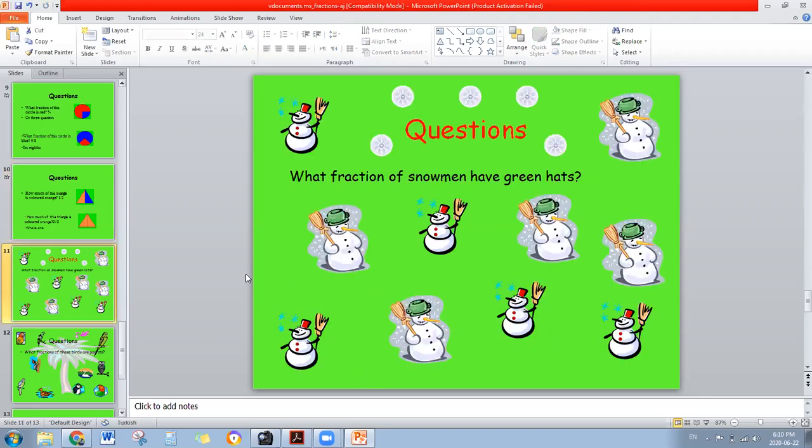Now you have two questions. You will do it by yourself. First one: what fraction of the snowmen have green hats? You have to count how many hats you have in the whole picture, 1, 2, 3, 4, and then count how many green hats, to write the fraction.